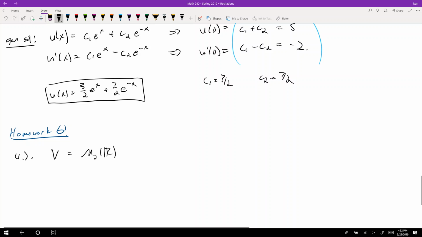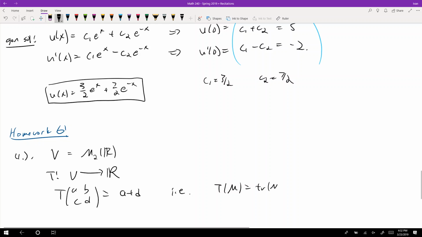Then you have a map T that takes you from V to R, where T of A, B, C, D is equal to A plus D. In other words, T of M is equal to the trace of M for some matrix M.